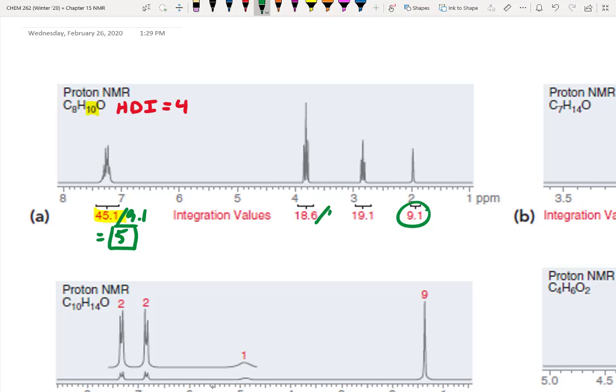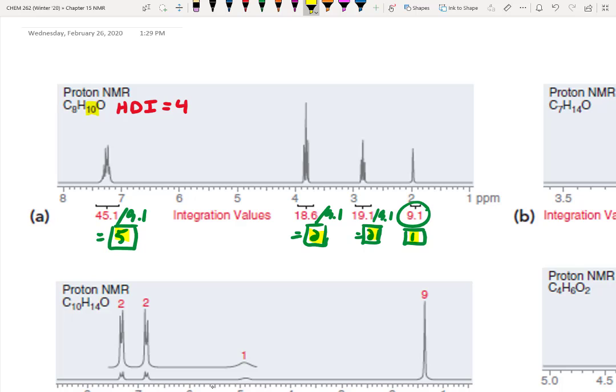We know this divided by 9.1 is going to be about 2. Same thing over here. If we divide this by 9.1, this is also going to be about 2. And then this is just going to be 1, right? This makes more sense, right? Because now when we add up 5 plus 2 plus 2 plus 1, that actually adds up to 10.